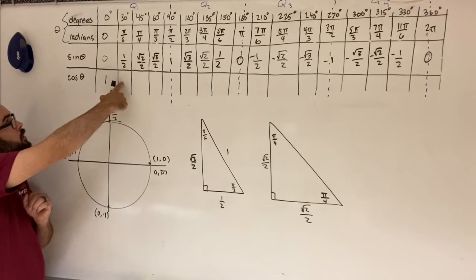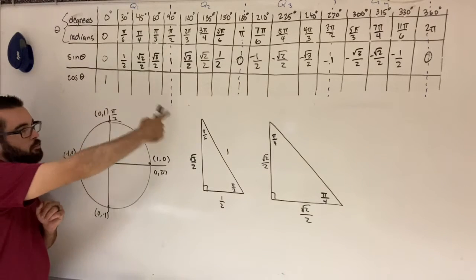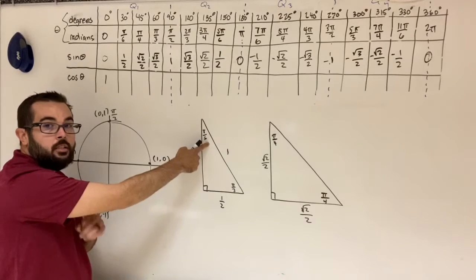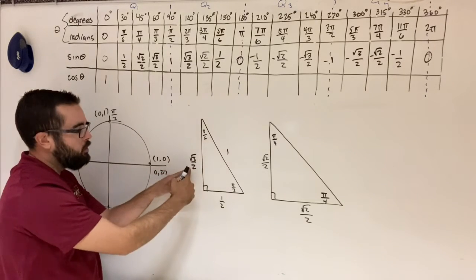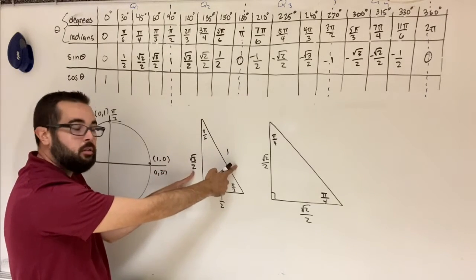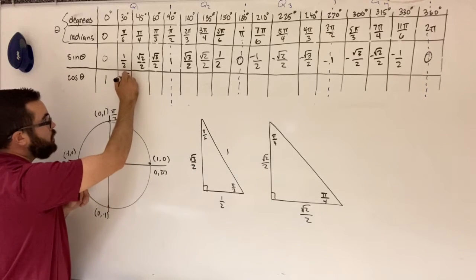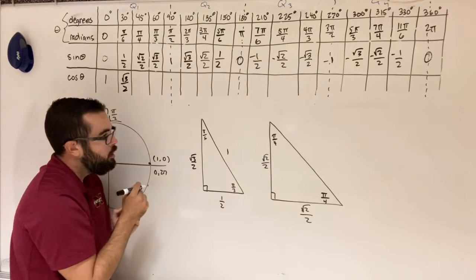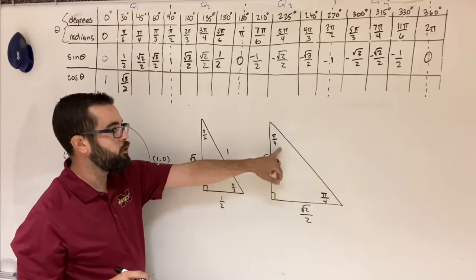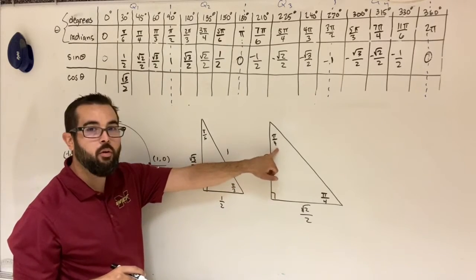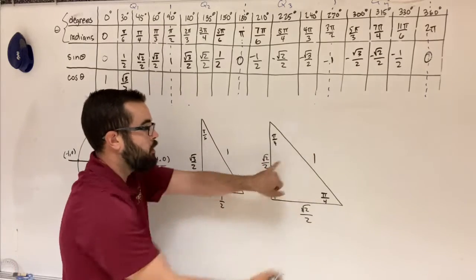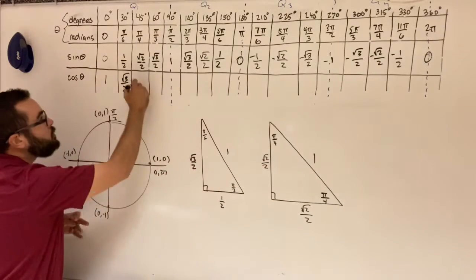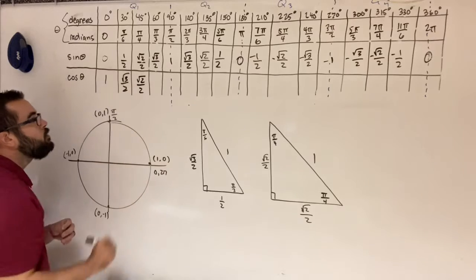So the cosine of pi over 6. Pi over 6 is here. It's the adjacent side over the hypotenuse, so it's square root 3 over 2. Then let's go to pi over 4, or 45 degrees. Cosine of pi over 4, adjacent over hypotenuse, which is just square root 2 over 2.